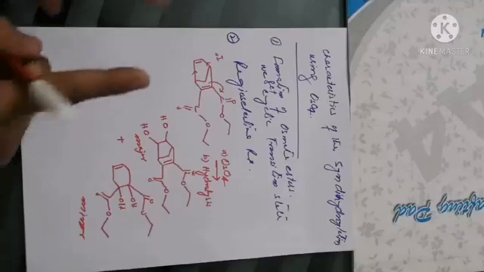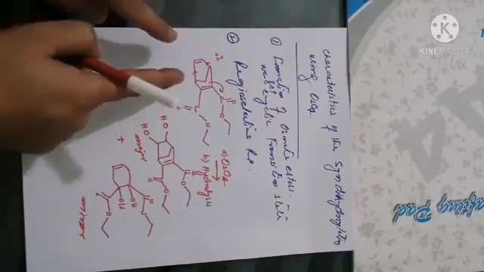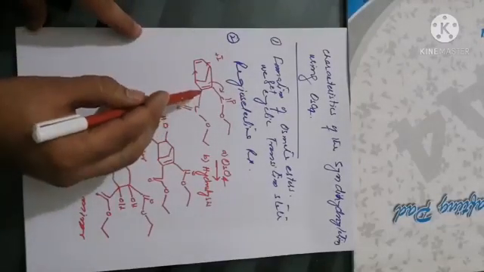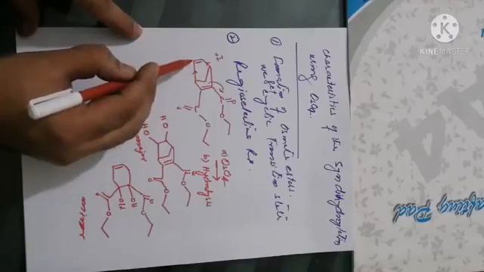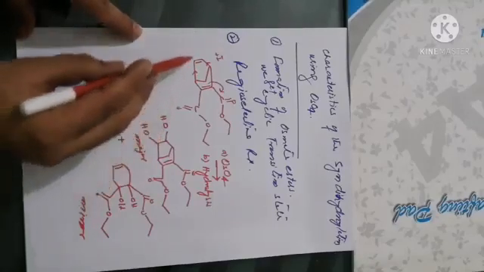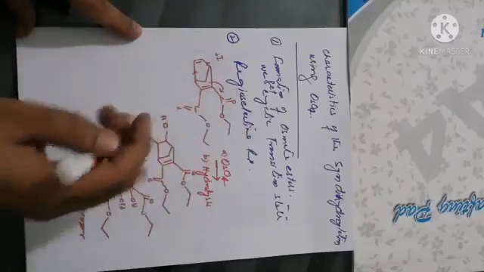Remember, a more substituted alkene having more electron donating groups is more reactive. So among these two double bonds, this olefinic double bond seems to be the more nucleophilic, so it will attack, and the hydroxylation will occur on this olefinic double bond. So what is regioselectivity?